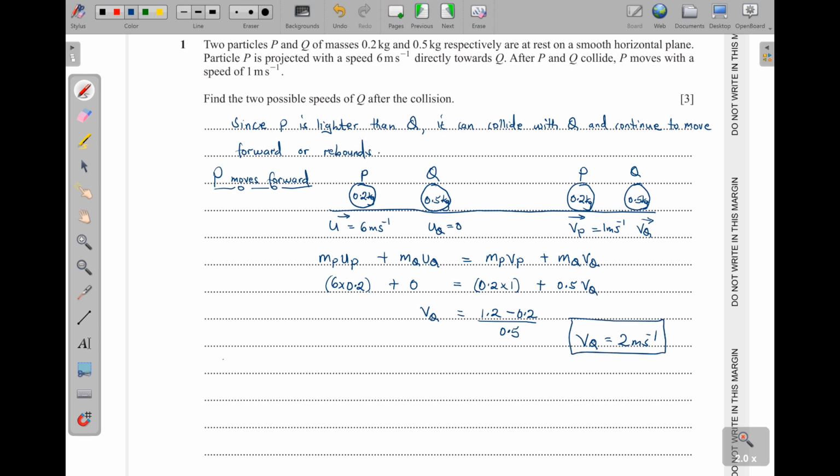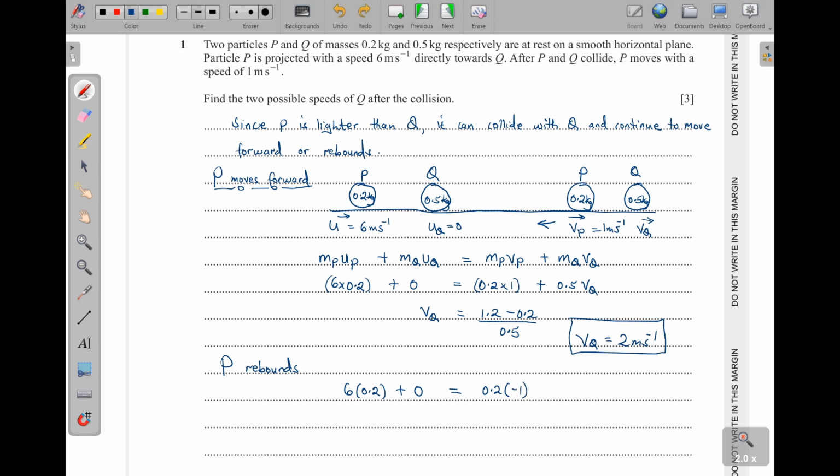Then also, let's look at when P rebounds. We are now going to look at it facing this side. So substituting here, we are going to have 6 times 0.2, then plus, of course, the momentum of Q is 0, because it is at rest, and then the mass of P is 0.2 times the final velocity, which is -1, because it is rebounding.